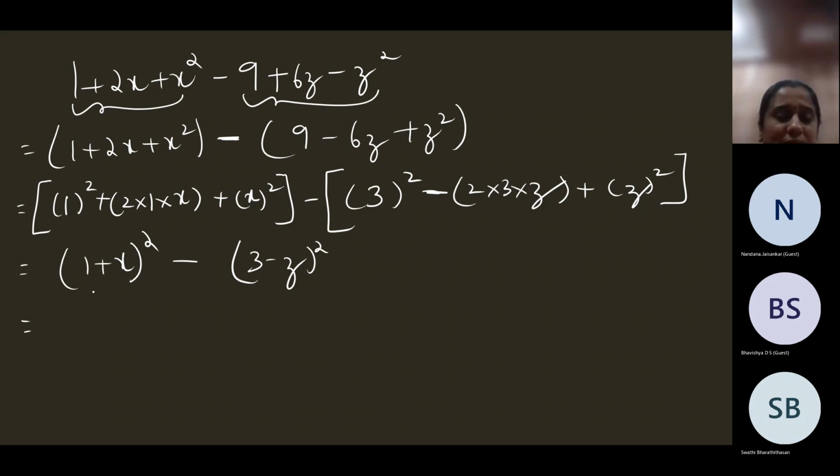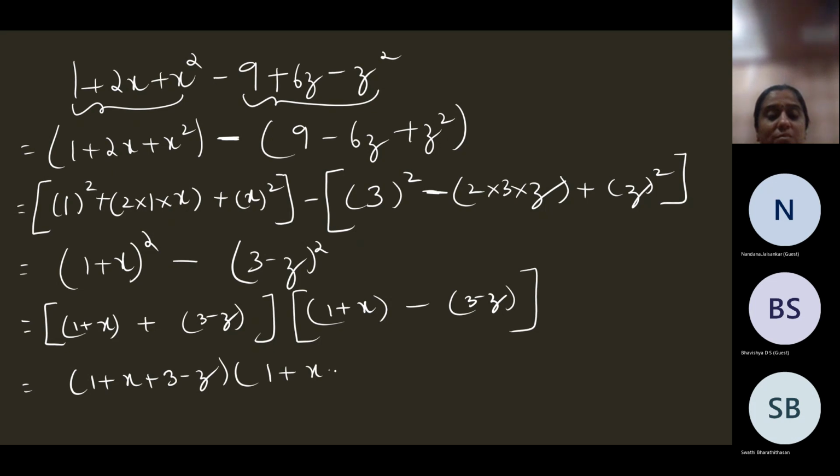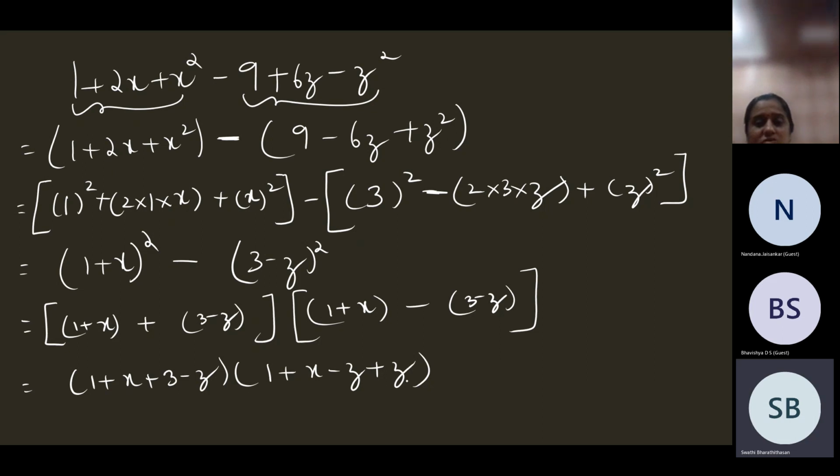Now it's of the form a square minus b square, which is a plus b into a minus b. What is a? 1 plus x. b, 3 minus Z. Now open the bracket. 1 plus x plus 3 minus Z into 1 plus x minus 3 plus Z. Yes or no, children?